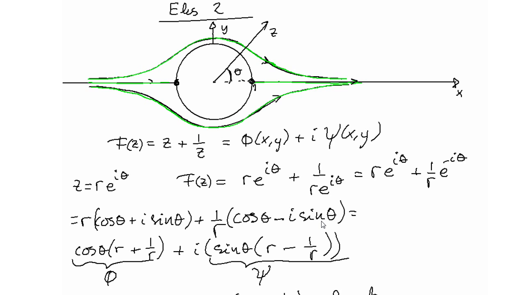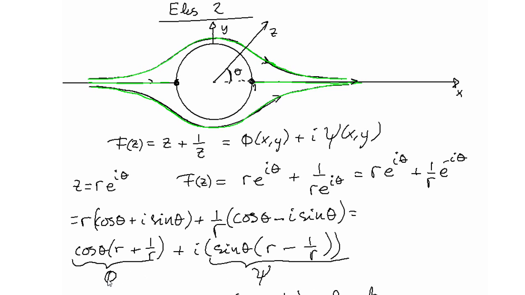Therefore we get this, and now we can collect all real terms and imaginary terms and obtain this real part and this imaginary part.